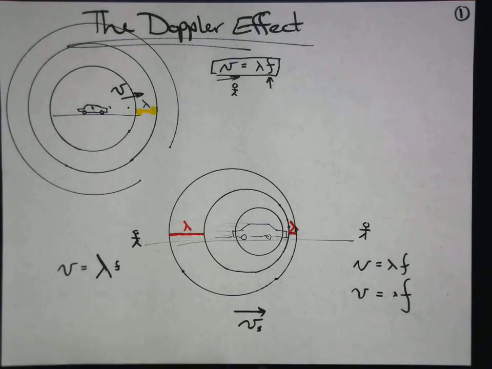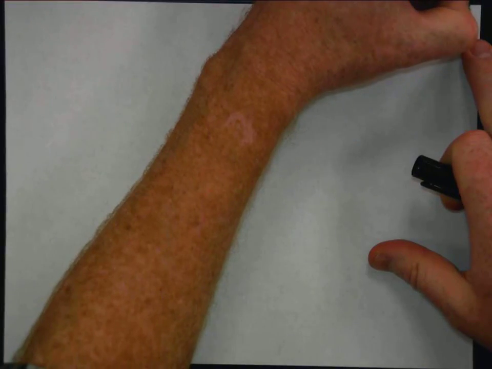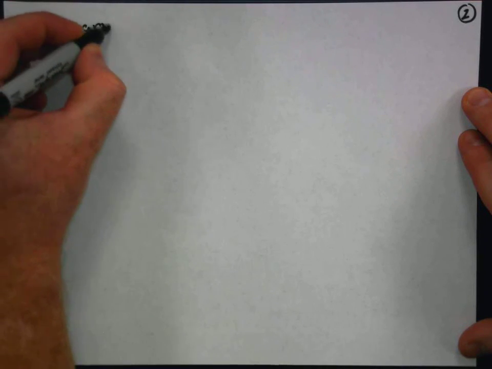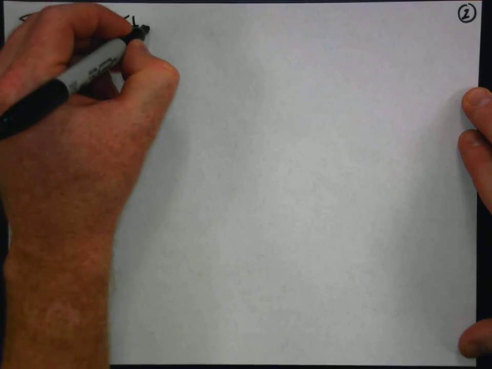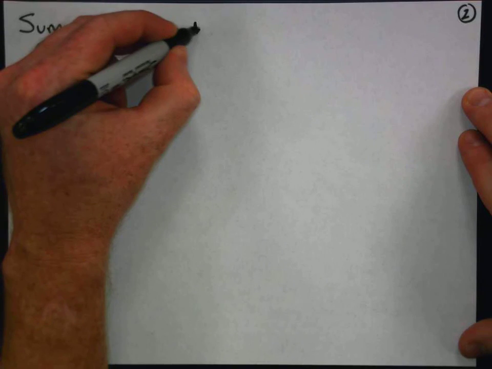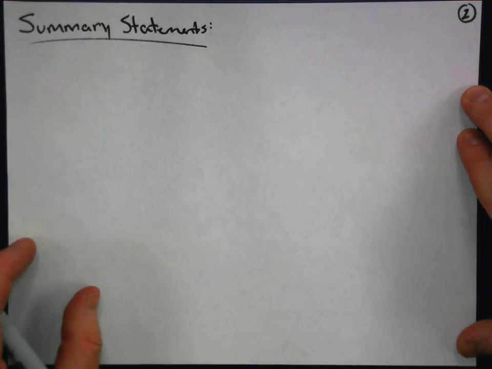Okay, so there's some statements we can make about this. Some important things to write down, kind of brief. So kind of a summary of what we have so far. Summary statements. Here we go.